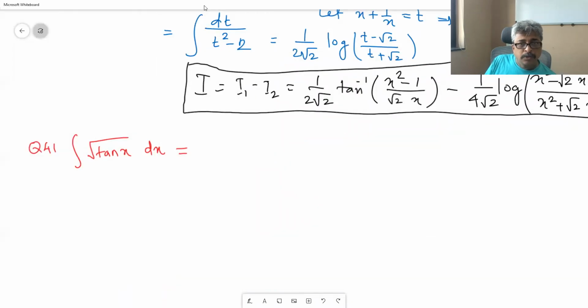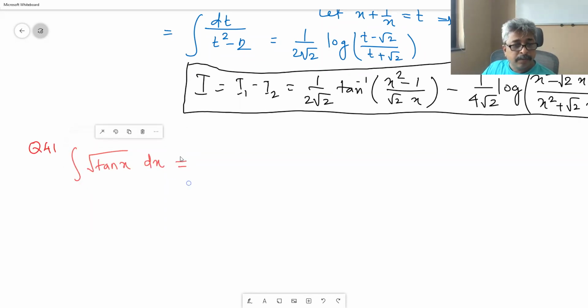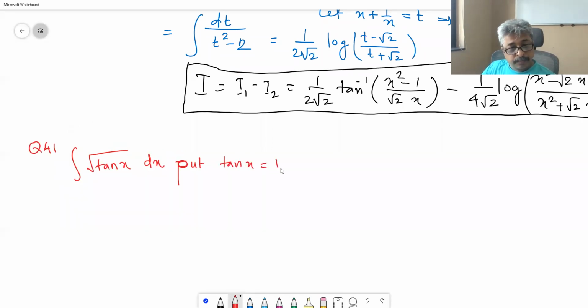Sure. Yes, coming. So the substitution is tan x is equal to t square. Okay, so therefore sec square x dx is equal to 2t dt, right?